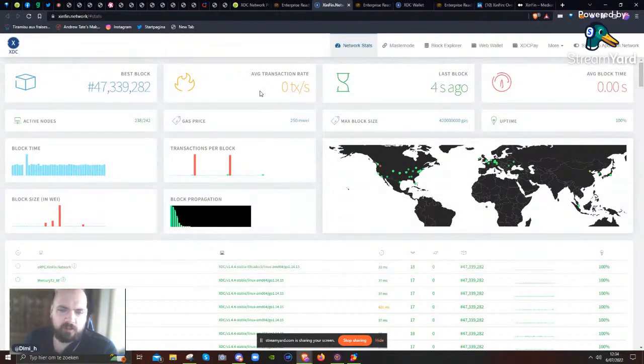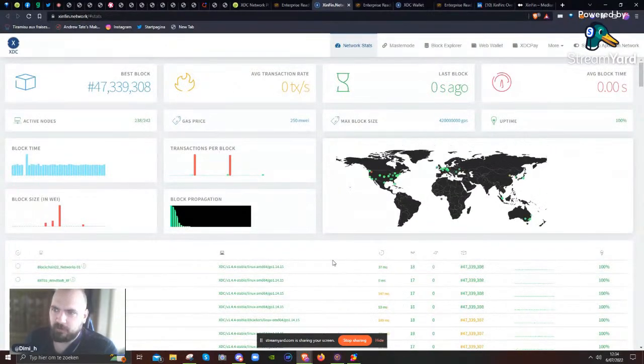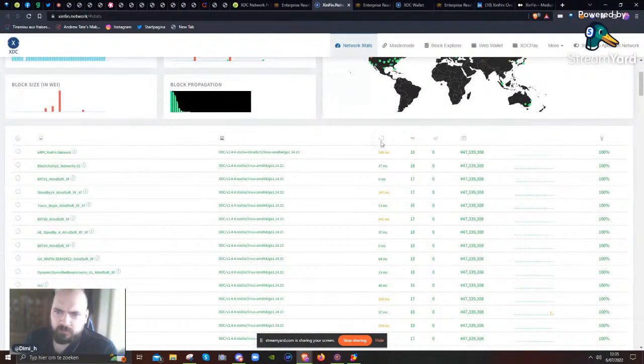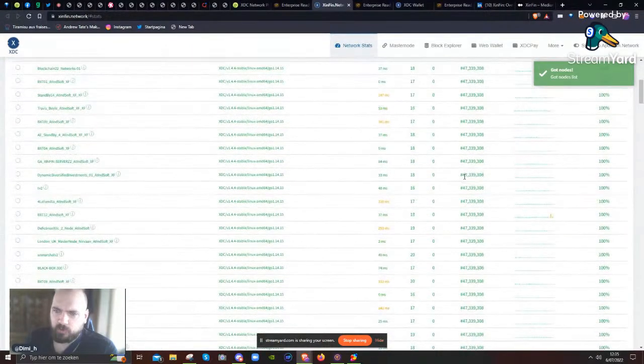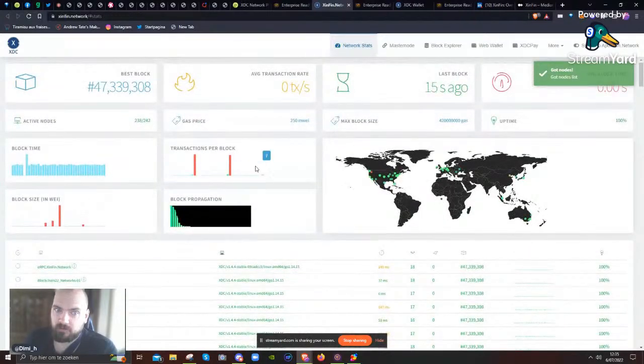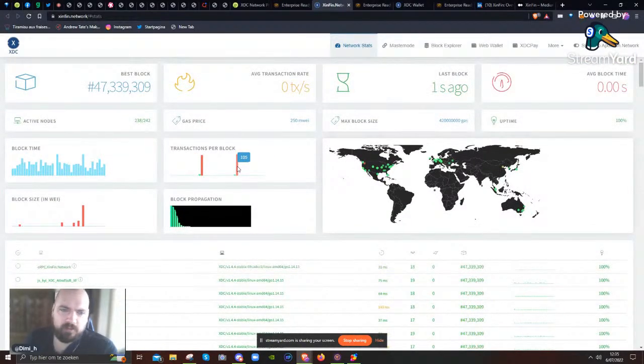Well, they said we can do over 2,000 transactions a second, but average transaction rate, 0 transactions. That's actually worrisome. Come on, guys. What's this? 18 peers, all working on the same block. Yeah, that's what I've been saying to you guys about making good use of the amount of blocks and transactions per second.